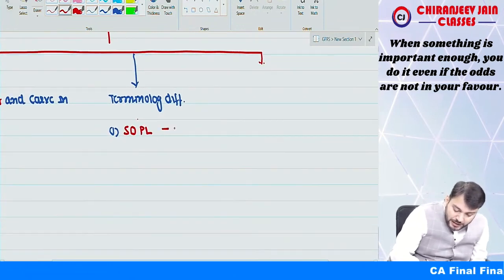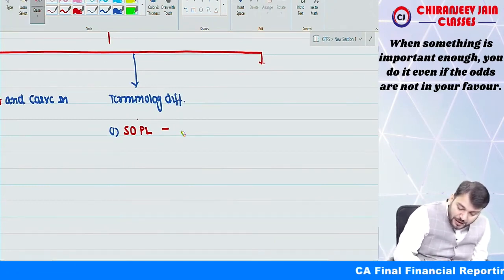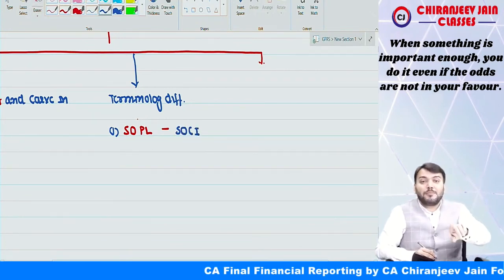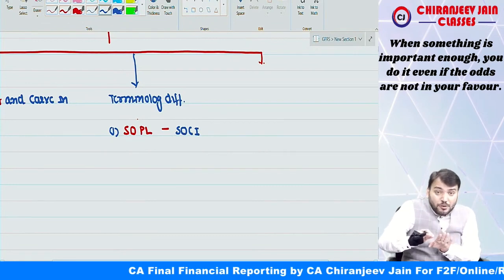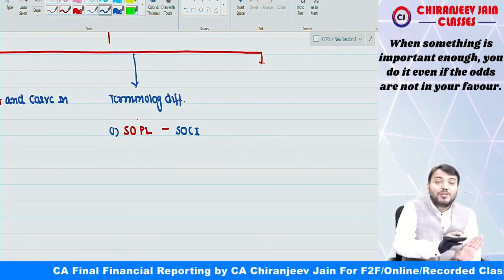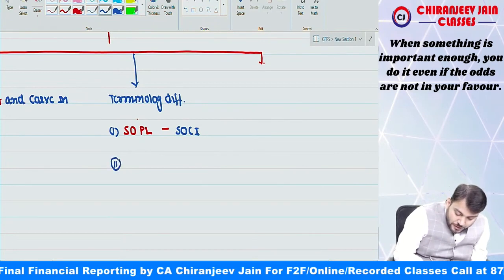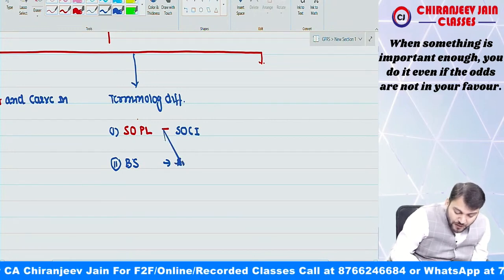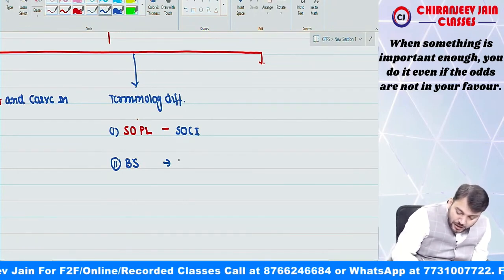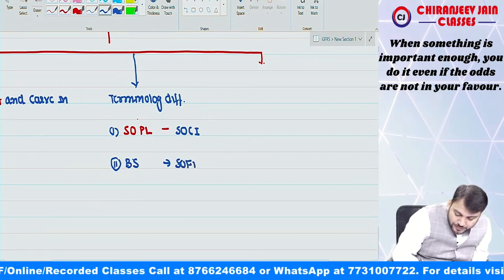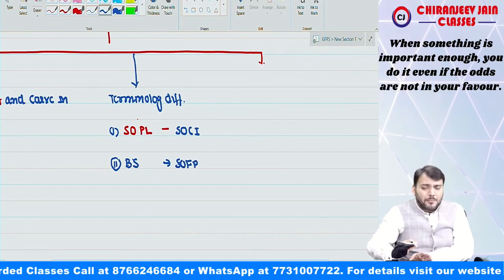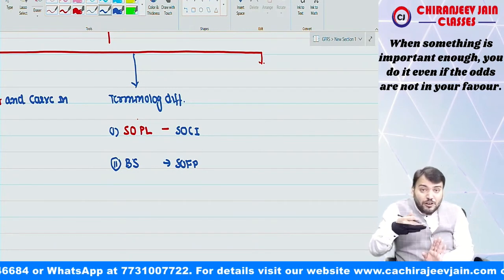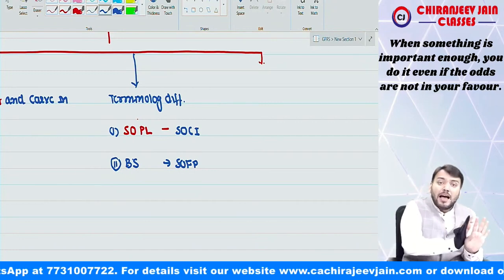But internationally, it is known as statement of comprehensive income. I hope you know this. So in India, the term statement of profit and loss has been retained due to the Companies Act. Similarly, in India we call it balance sheet, but internationally, it is known as statement of financial position. I hope you have understood this point. Correct. So these are terminology differences, but will a terminology difference affect accounting policies or accounting treatment? Whenever there is a terminology difference, that will not affect the accounting treatment.